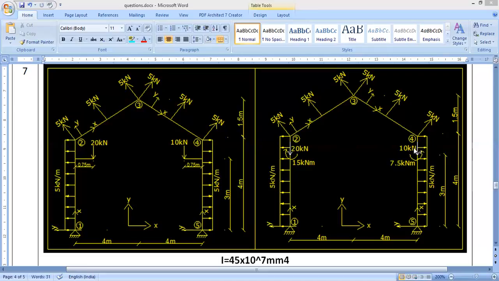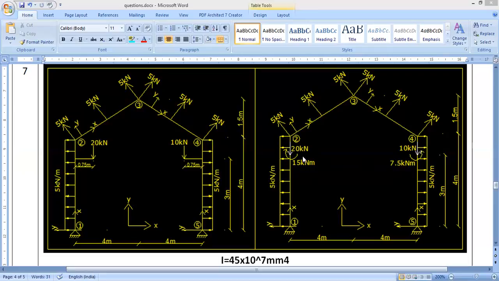That you can see here. The 10 kilonewton is acting downward, and this will form an anti-clockwise moment. The couple will be expressed in terms of moment, and it is anti-clockwise because force into perpendicular distance about this point gives an anti-clockwise moment, correct? And that moment we have expressed here, which is 10 into 0.75, which will be 7.5 kilonewton meter, right?